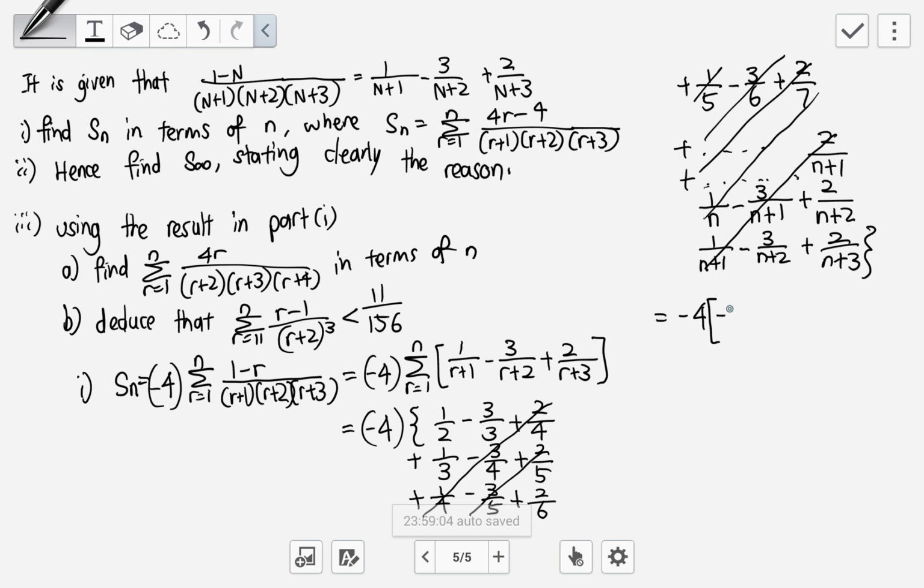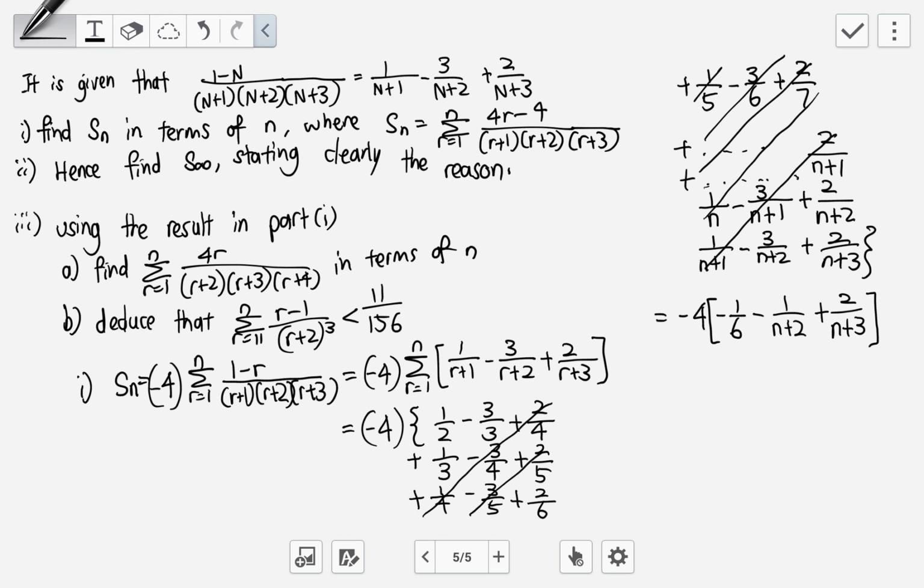So minus 1 over 6 is the top part, and then here we have minus 3 over n plus 2 plus 2 over n plus 2, so minus 1 over n plus 2, plus the last term 2 over n plus 3. I hope I'm correct, I didn't make any mistake, right? This is alright.